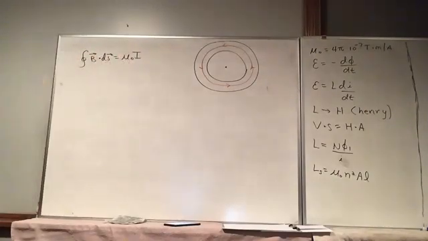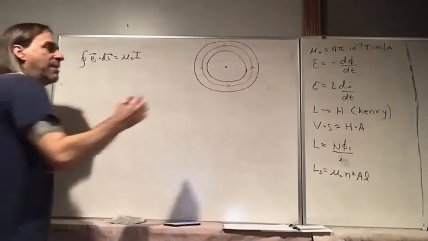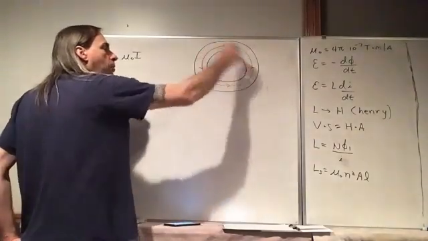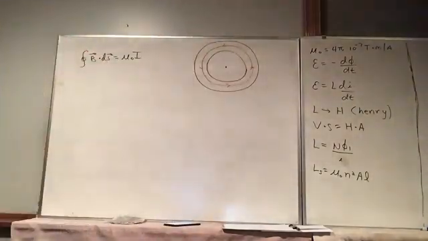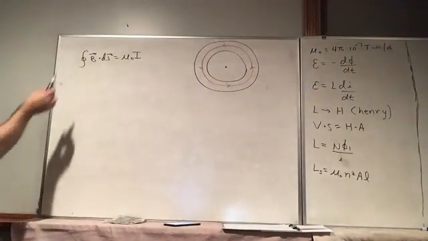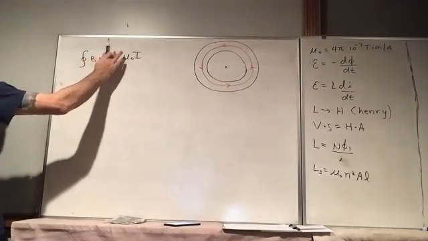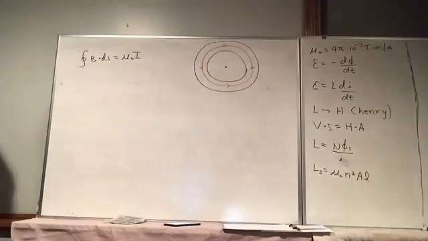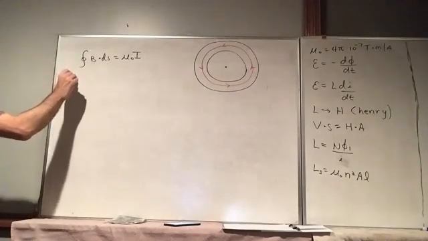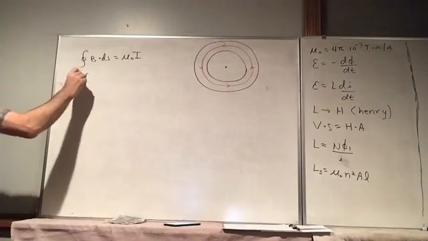So this is a dot product, but in this case, we pick a circular loop, and because the magnetic field lines are circular, we can get rid of this dot product. B dot ds is just equal to B times ds. So that's one great simplification. And another one is we can take the B out of the integral.